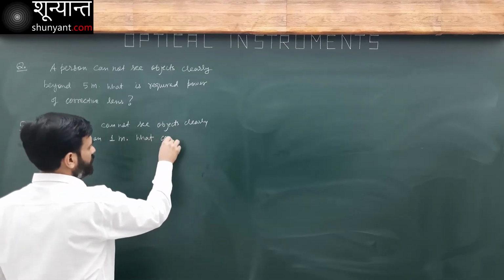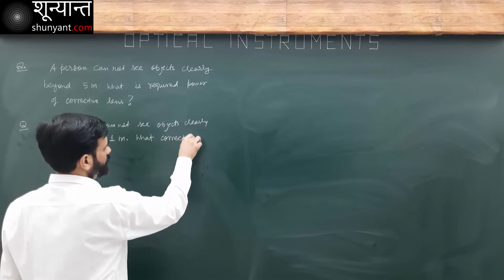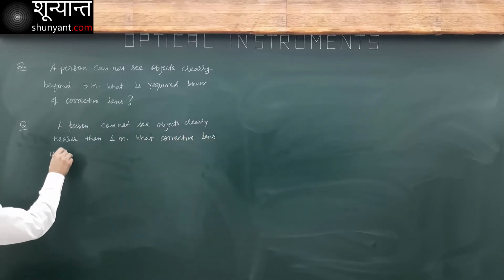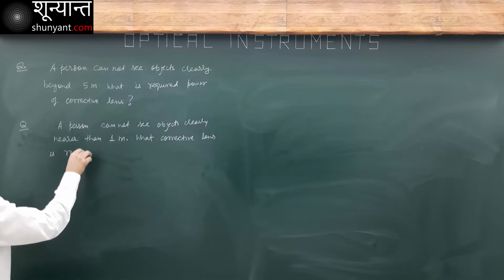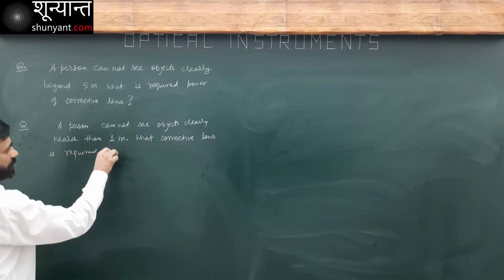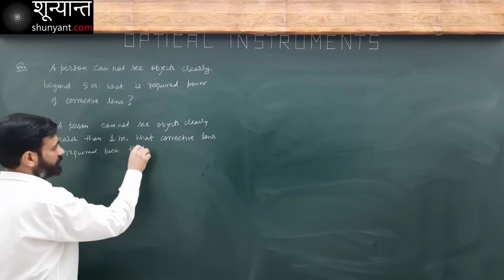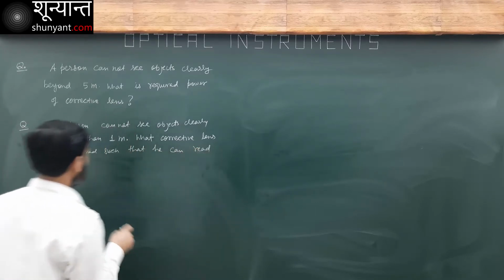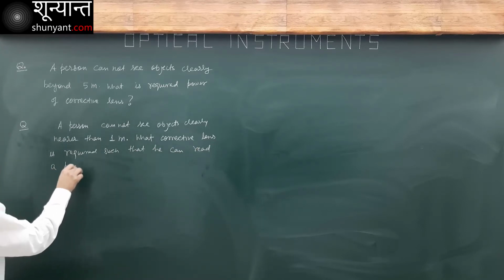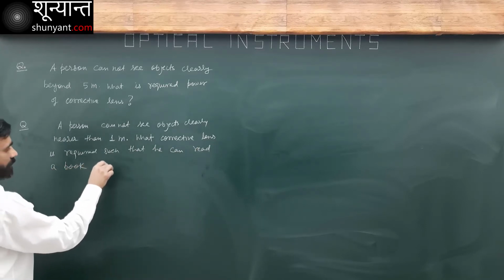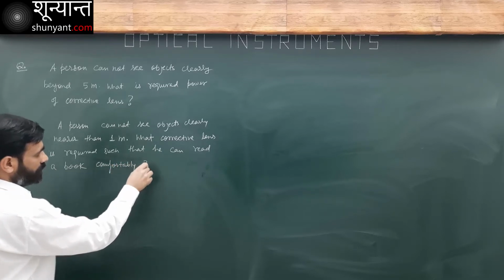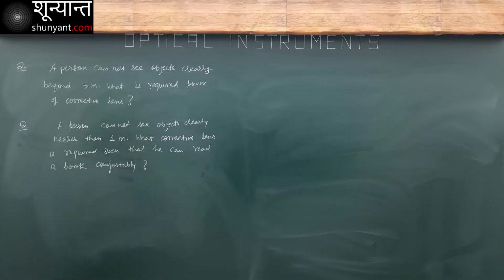What corrective lens is required such that he can read a book comfortably?